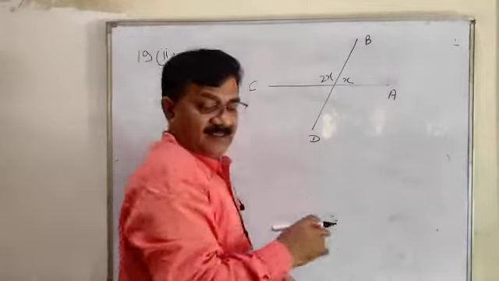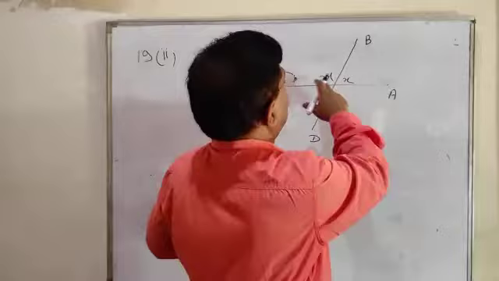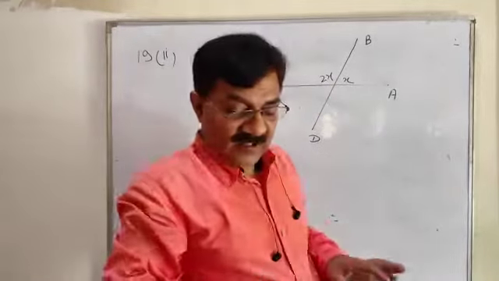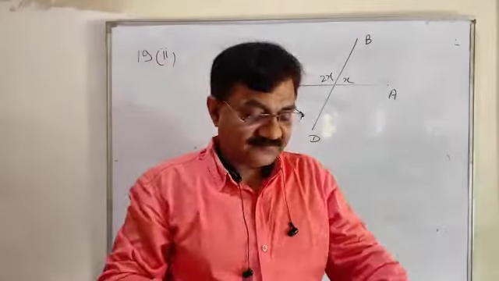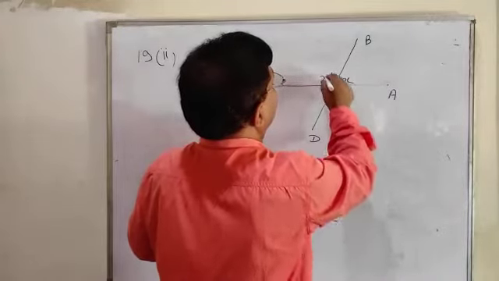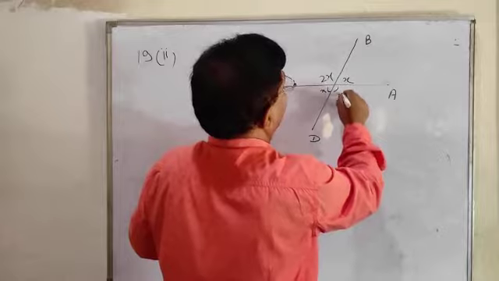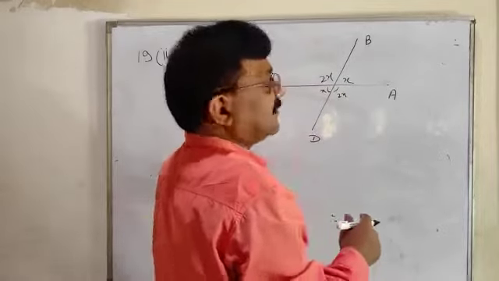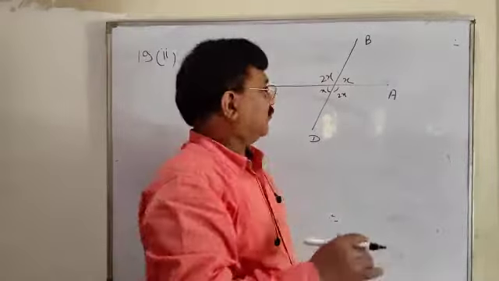See here, this X and 2X. Two ways you can do it. This is X, this angle will also be equal to X. This is 2X, this angle will be equal to 2X because they form vertically opposite angles.